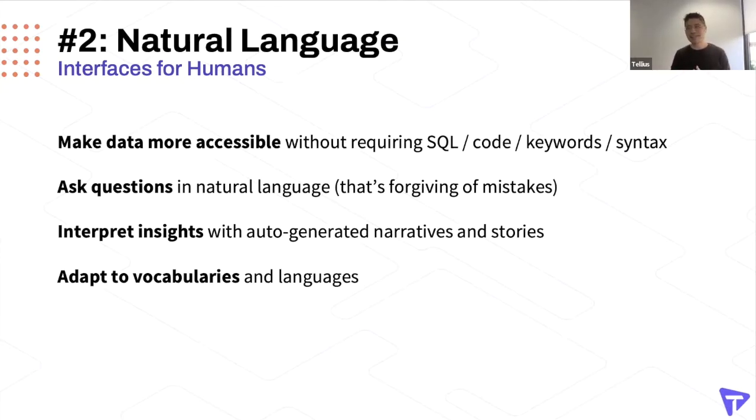I don't want to say for the less technical or non-technical people, but just more accessible to everyone who wants to understand data without requiring them to know SQL, to understand code, or even come up with keywords or understand syntax for that matter. This would allow many more people to ask questions in natural language and also have some capability of being forgiving of mistakes.